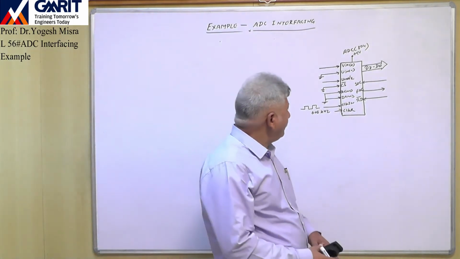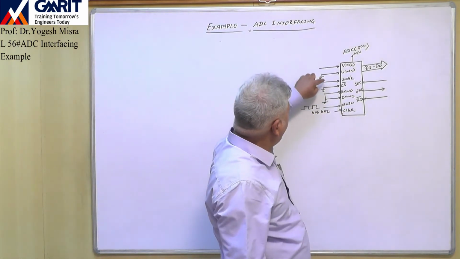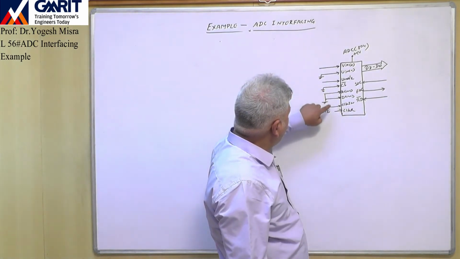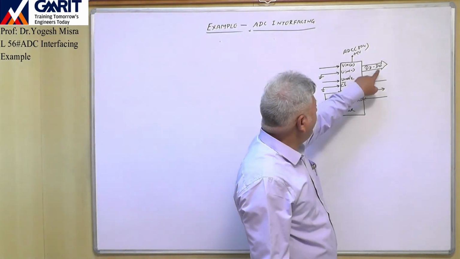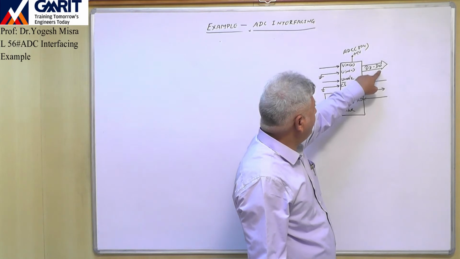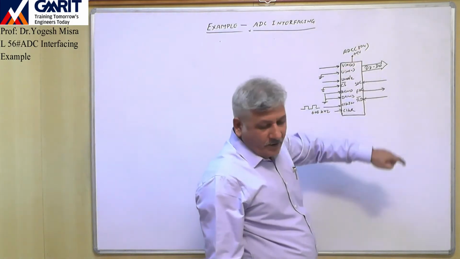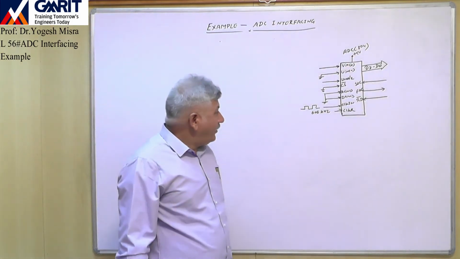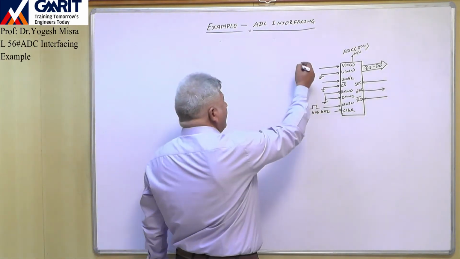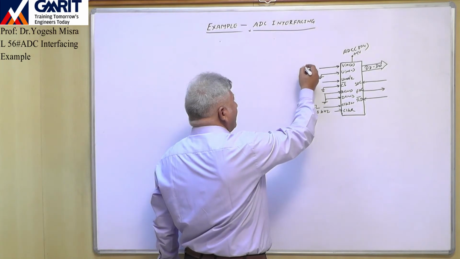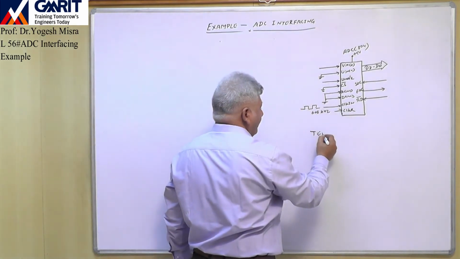I think all the pins we have mentioned: 1, 2, 3, 4, 5, 6, 7, 8, 9, 10, 11, 9, 8 and 19 and 1, 20. Okay. Now what we will do, here we have connected one temperature sensor.